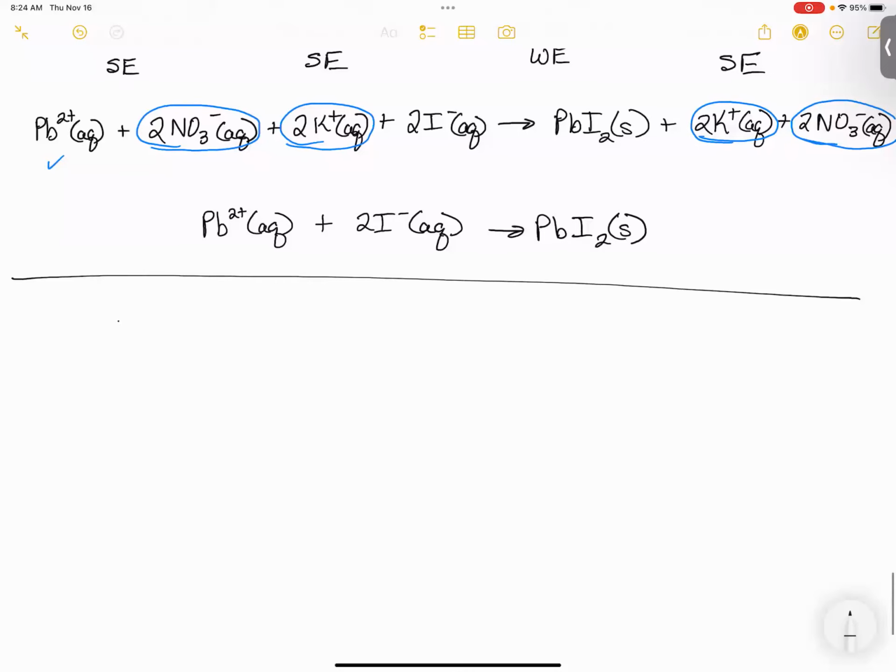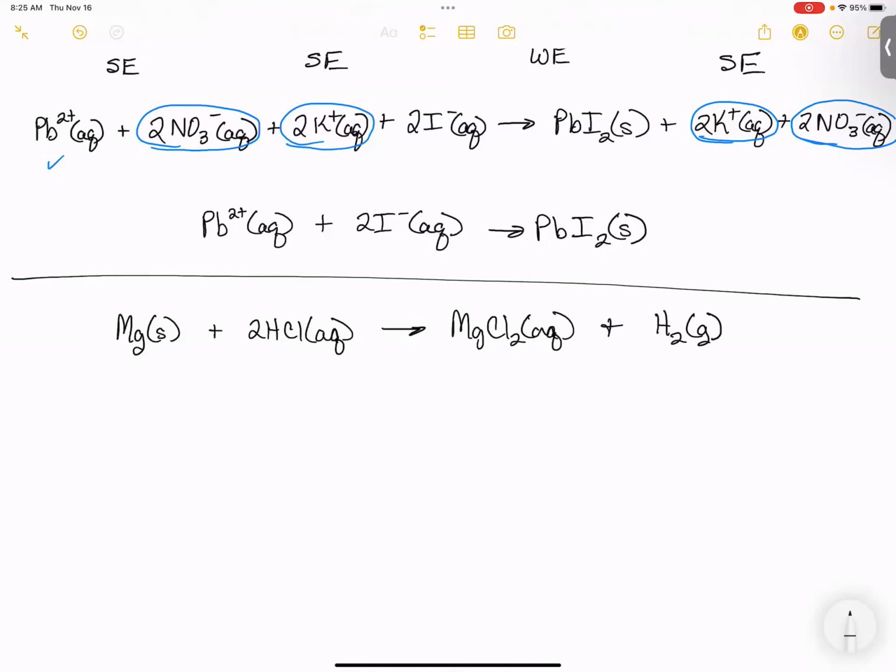Okay, so let's look at this one. We determined it was magnesium solid plus 2HCl aqueous goes to form magnesium chloride aqueous plus hydrogen gas. This was one of the single displacement reactions we were working with.